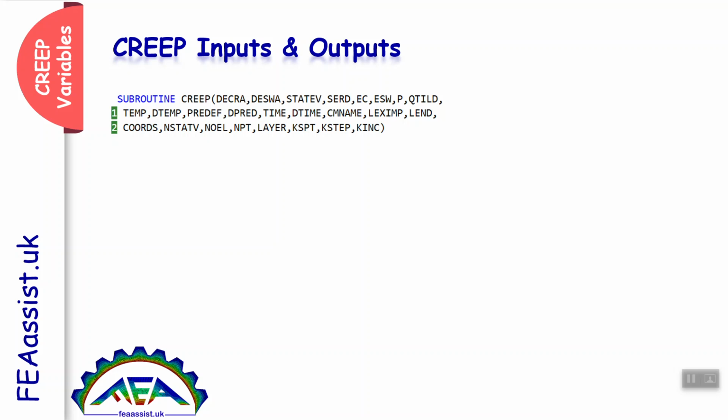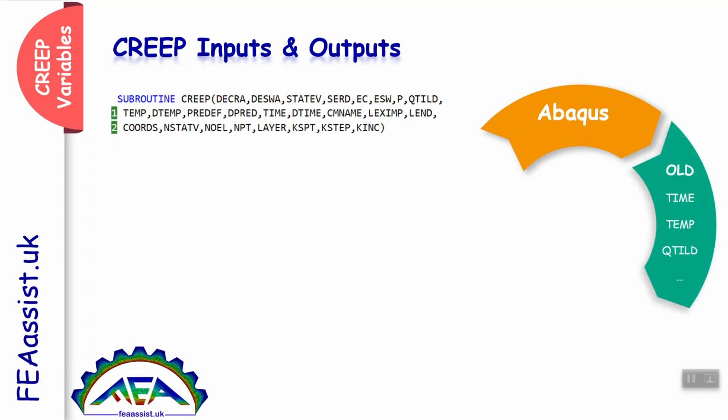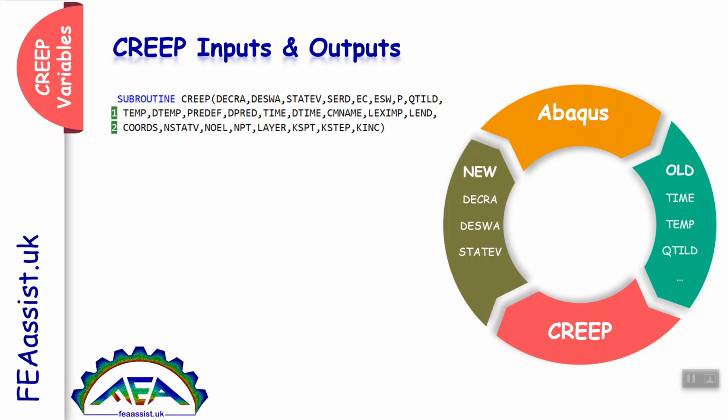Some of these variables are inputs from Abaqus, and in the creep subroutine we do some calculations on them, process them, and return the new values to Abaqus. Abaqus transfers the variables, which are time, temperature, and deviatoric stress, into the creep subroutine. In the creep subroutine, we need to define the creep strains or swelling strains and the state variables, and return them back to Abaqus.